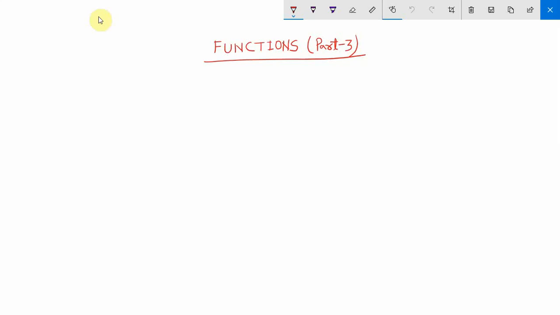Okay friends. So we will start with some standard functions. So our today discussion topic is some standard real functions.